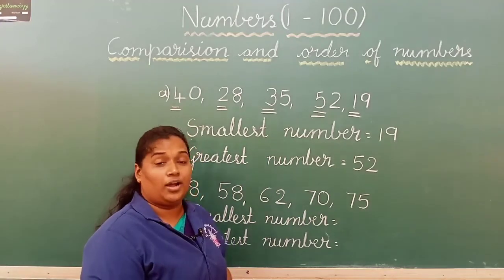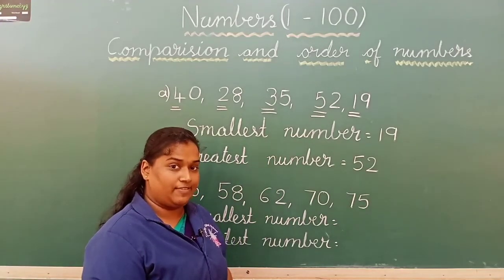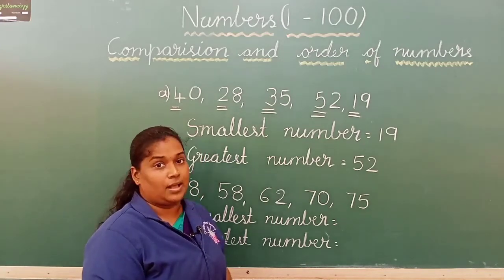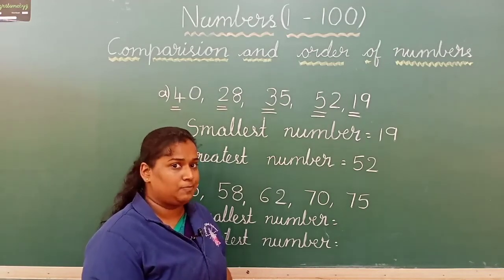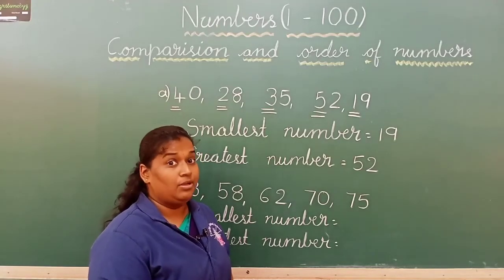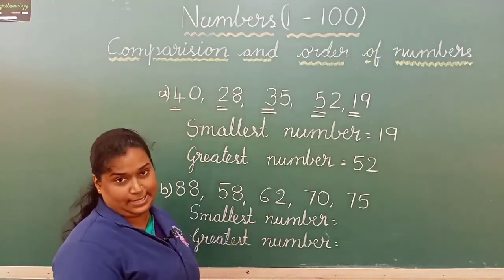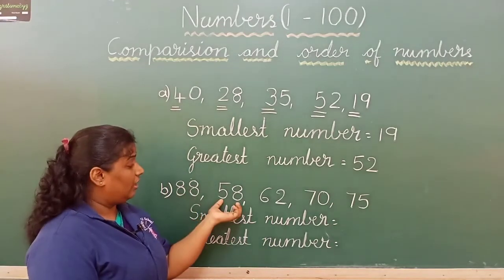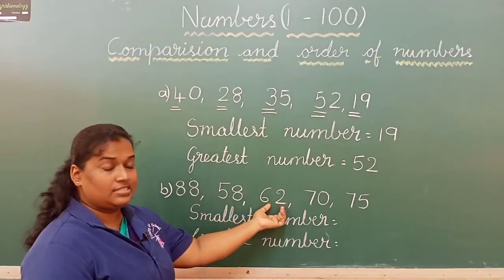I hope you understood how to identify the smallest and greatest number by looking at the tens place of the given numbers. Now let us solve one more example. Here we have 88, 58, 62.